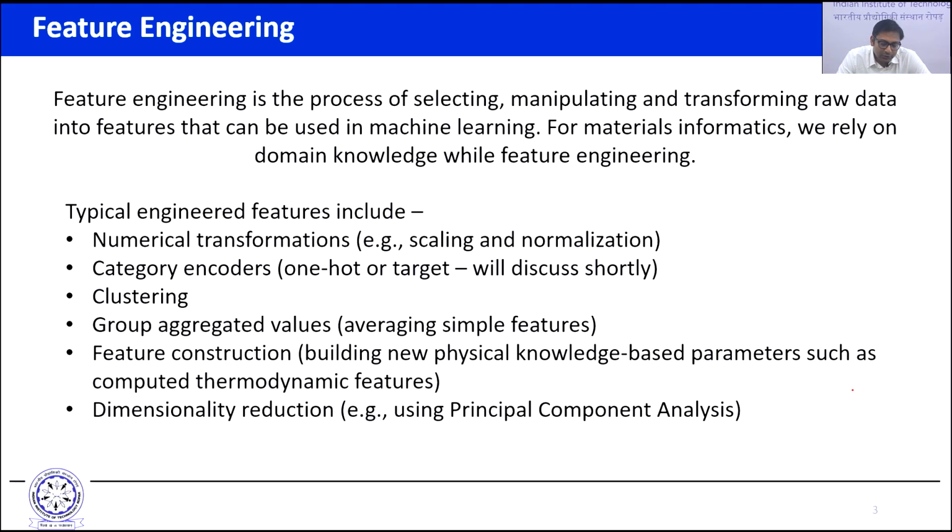Then you can also do some sort of physical construction of the features. What I mean here is you will be using well understood physics in order to come up with new features. A good example of that is when you use thermodynamic potentials, for example, the formation enthalpy.